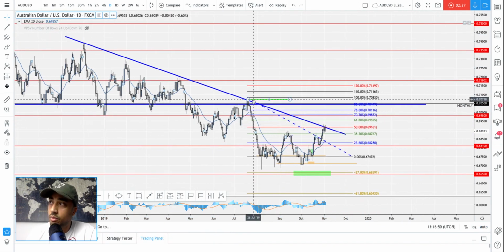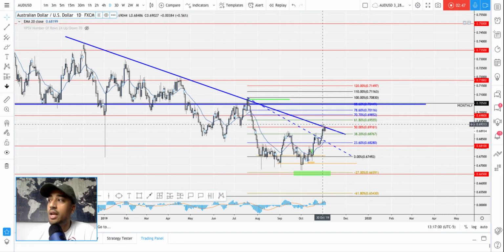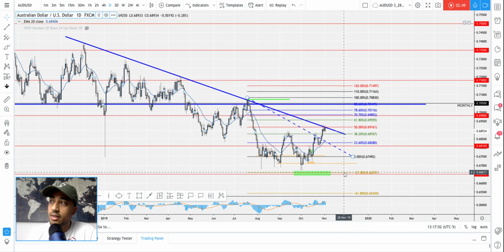Again, from point A to point B, point C is the retrace, and that's what the Fibonacci retracement tool is for, to measure retracements. From there, we're looking for price to get to negative 27%, and negative 27% is in confluence with our daily key level here.